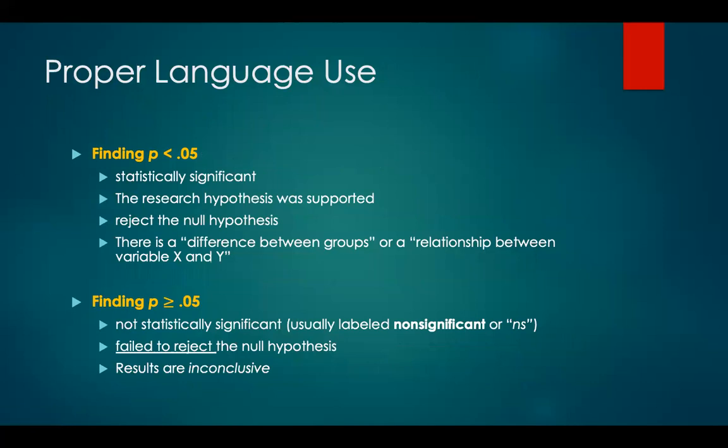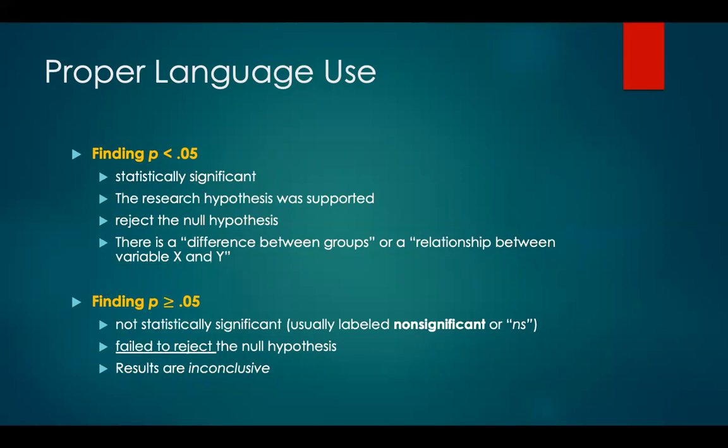So if you find a p less than 0.05, your findings are statistically significant. Your research hypothesis was supported. You can reject the null hypothesis, and you can say that there is a difference between groups or a relationship between variables x and y.